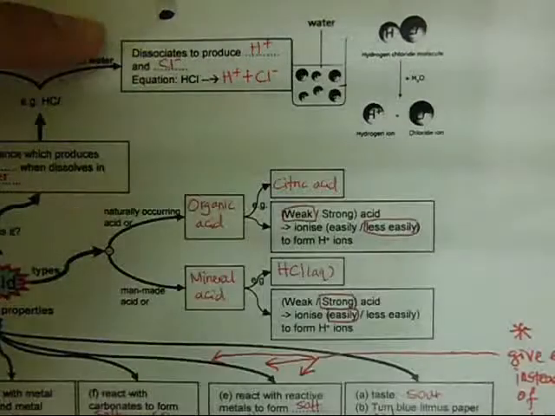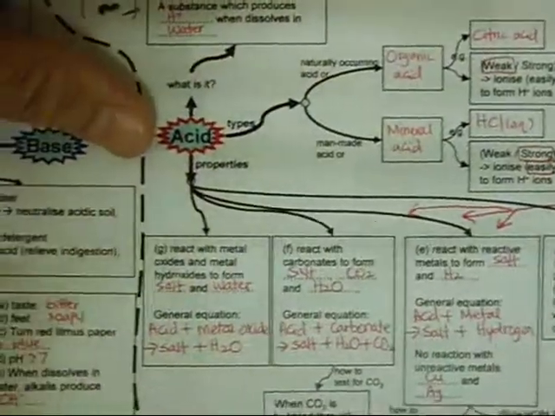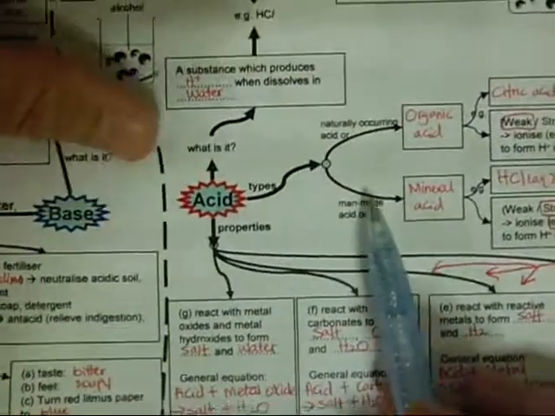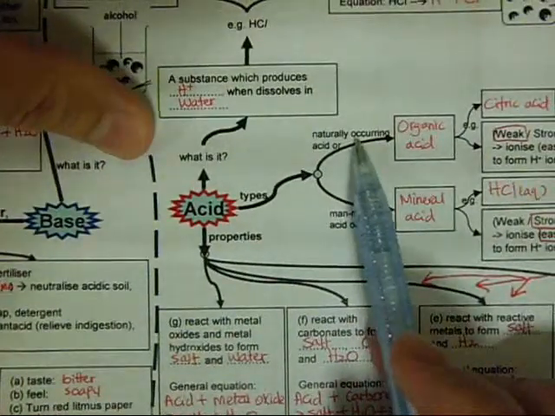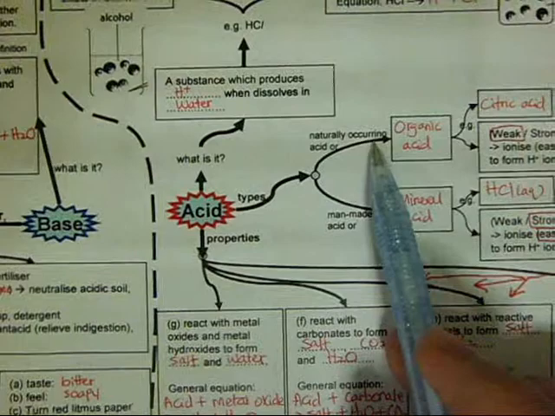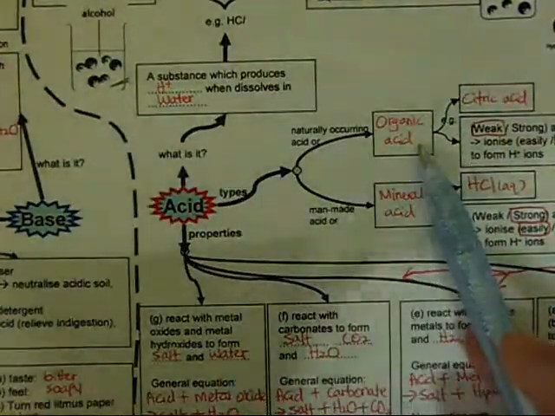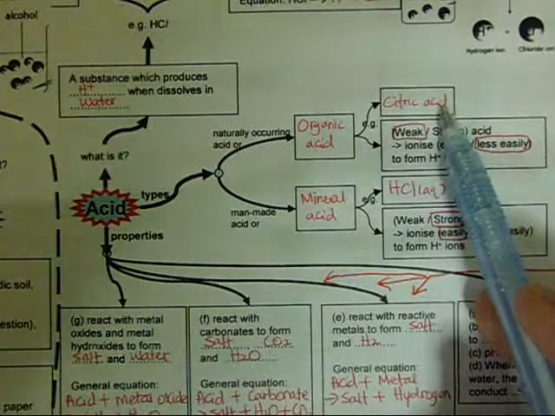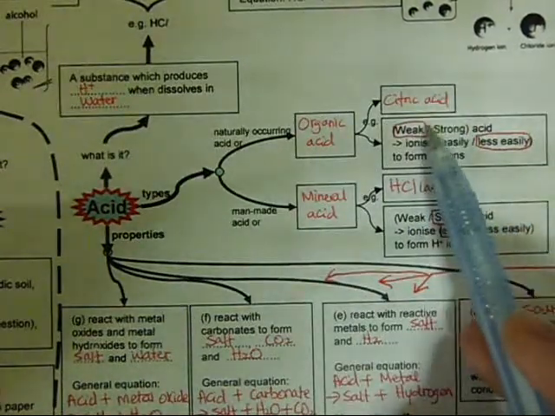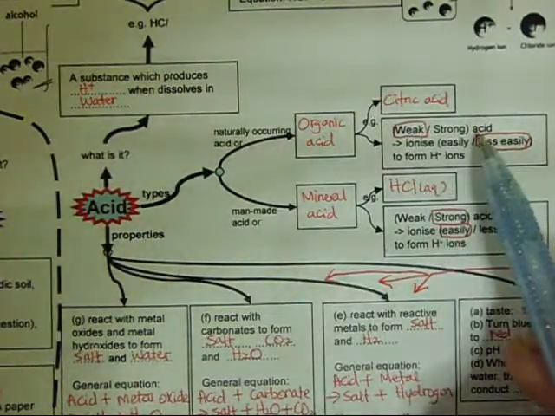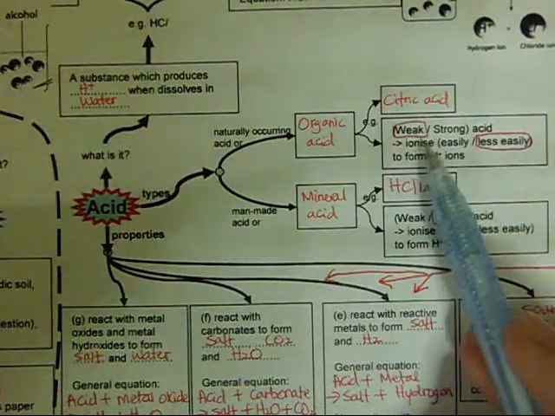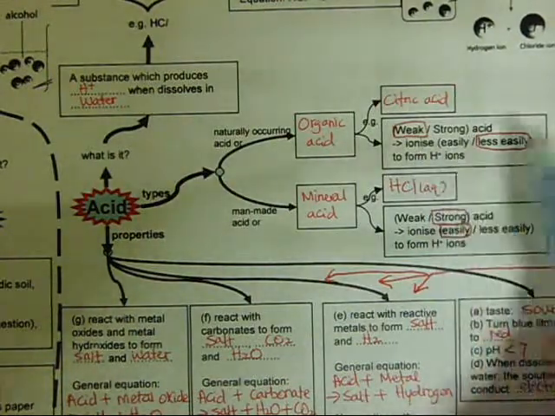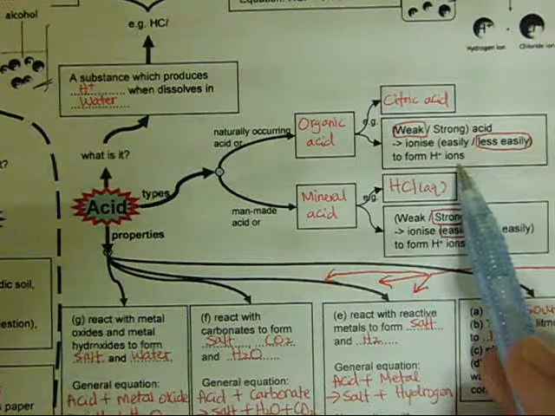Now the types of acid. We have naturally occurring acid, or organic acid. An example of organic acid would be citric acid. Now citric acid is a weak acid. Weak acid means that it would dissociate or ionize less easily to form hydrogen ions.